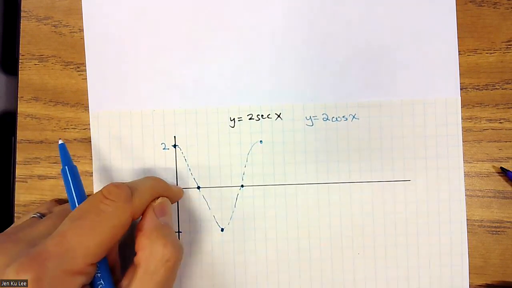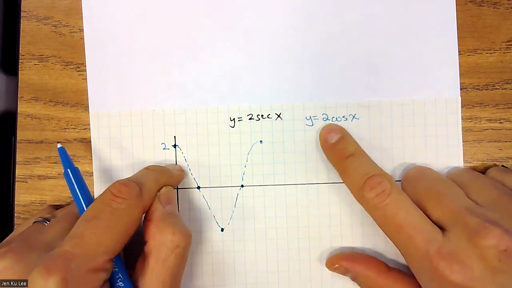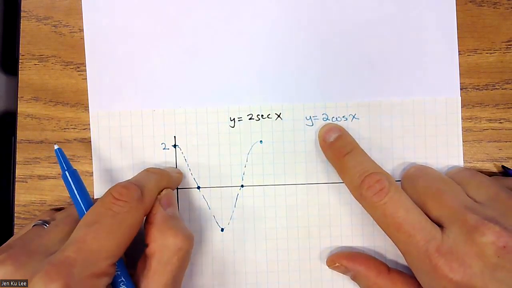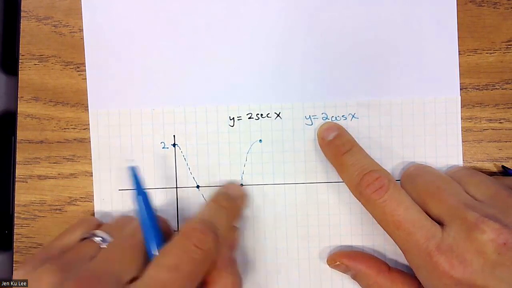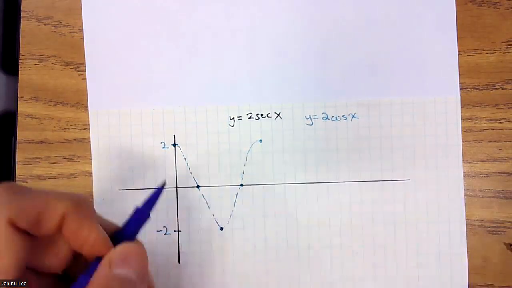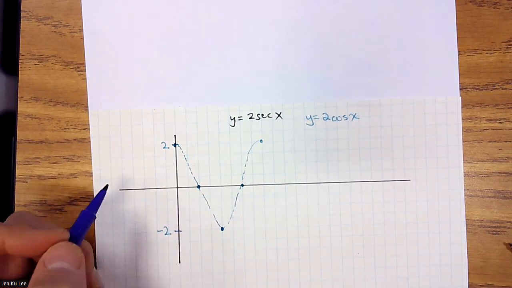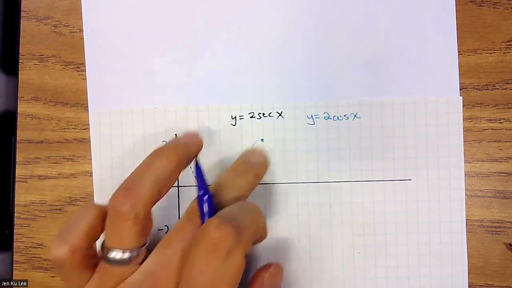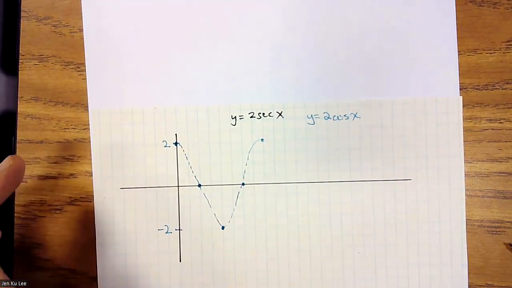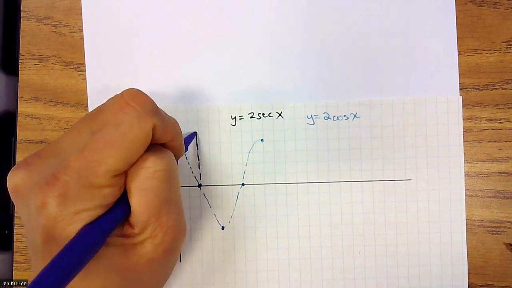Because it will start off at 1 comma or 0 comma 1, but then this 2 will make it go up to 2, right? At 0, it still stays at 0. Okay? And then this point at -1 will go down to -2. And then these 2 points will just mirror these 2 points, right? So wherever there's a 0, I'm going to put in my vertical asymptote.